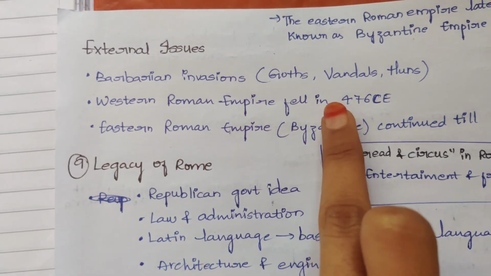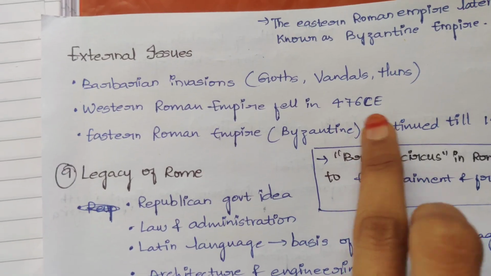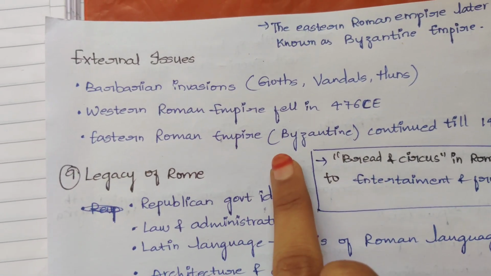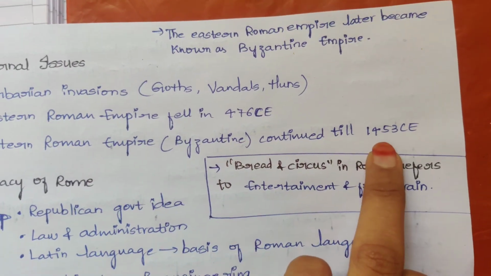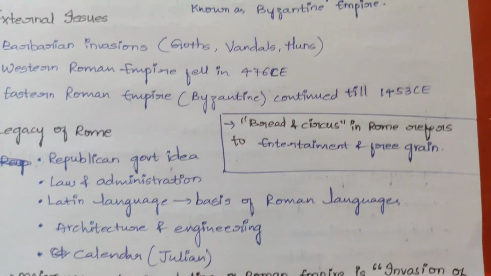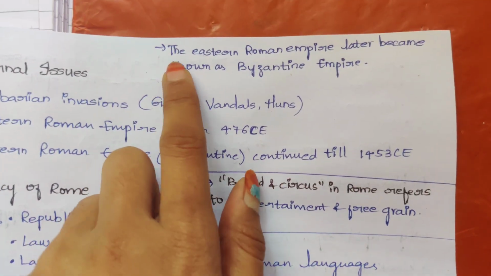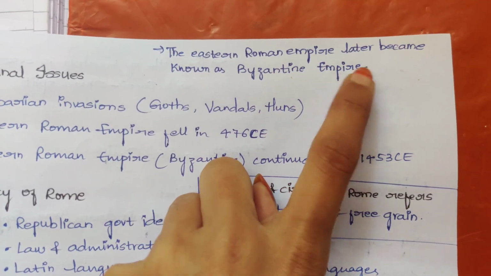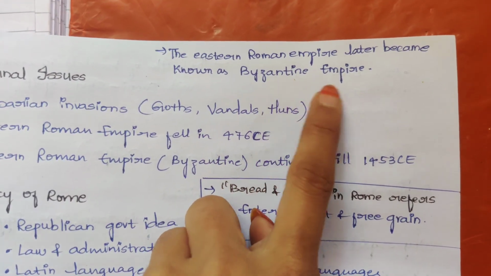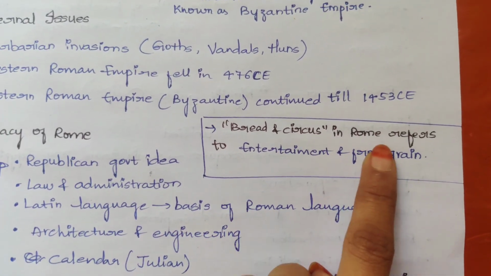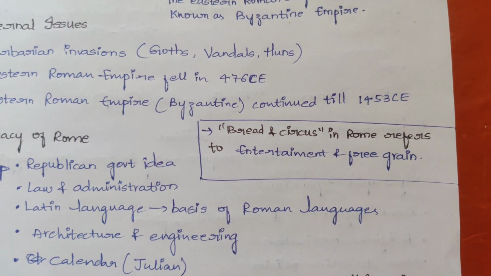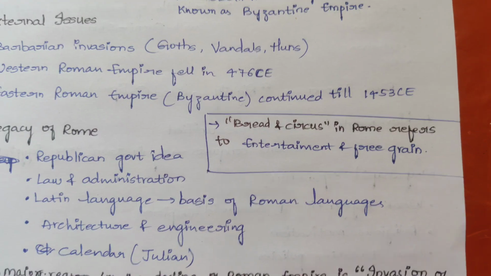And the Western Roman Empire fell in 476 CE, and the Eastern Empire was Byzantine, continued till 1453 CE. And here is the important point, the Eastern Roman Empire later became known as Byzantine Empire, and bread and circus in Rome refers to entertainment and free grain.